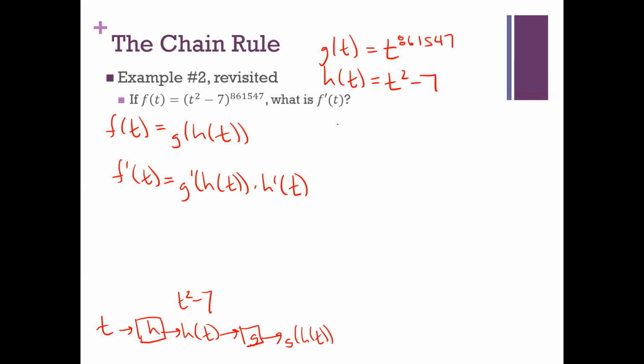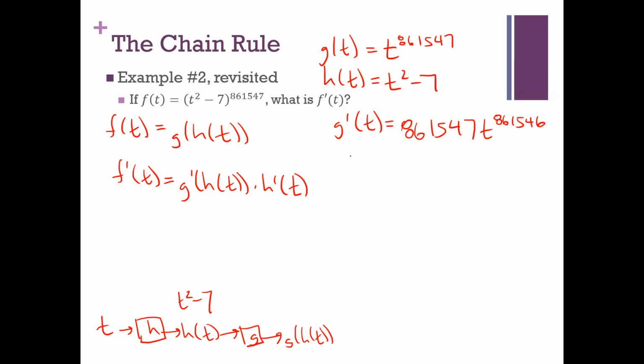So now let's talk about what the derivatives of these functions are. Do we know what g prime of t is? It would be 861,547 t to the power of that minus 1. Yeah, so this is the derivative, with exponent 861,546.